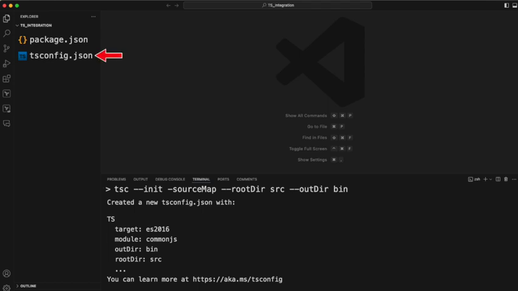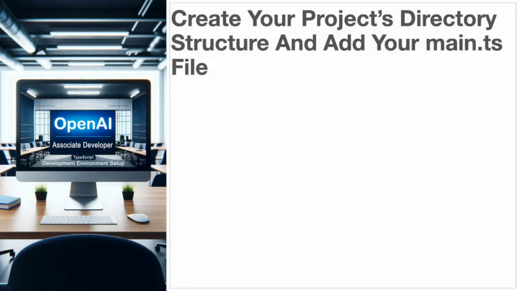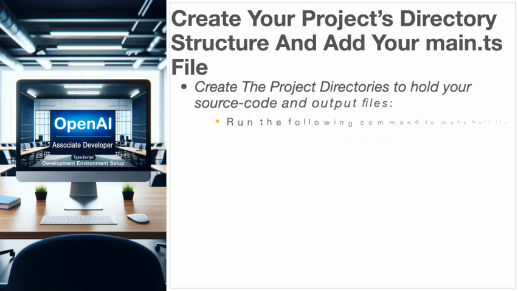Next, we will create our root and output directories along with our main TypeScript file. Since we determined our TypeScript root directory was the src directory and our output directory was the bin directory, we now need to create these two directories.